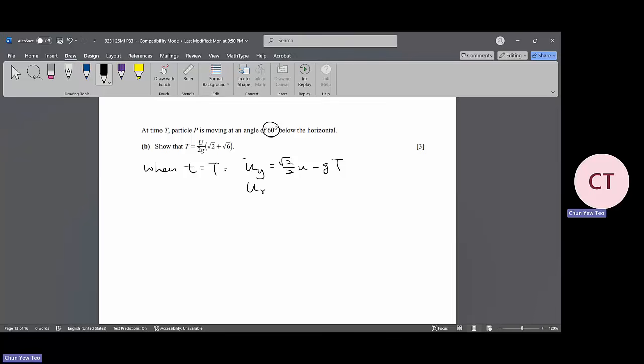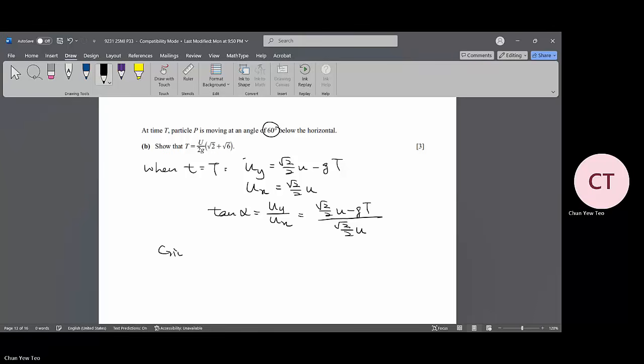Then the ux is equal to root 2 over 2 u. Okay, so your tan alpha is equal to uy over ux, which equals root 2 over 2 u minus gt, divided by root 2 over 2 u.